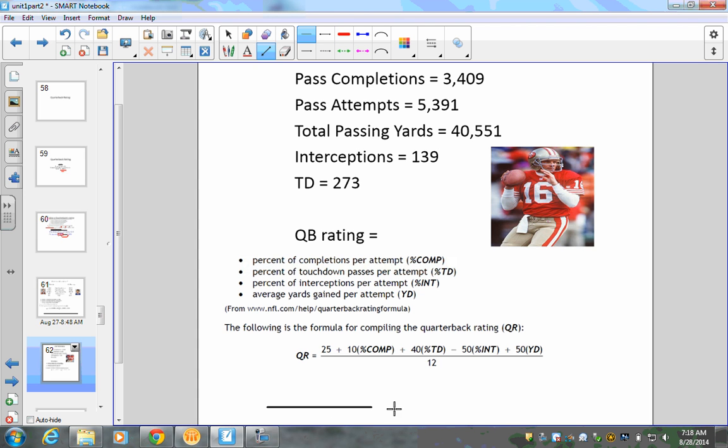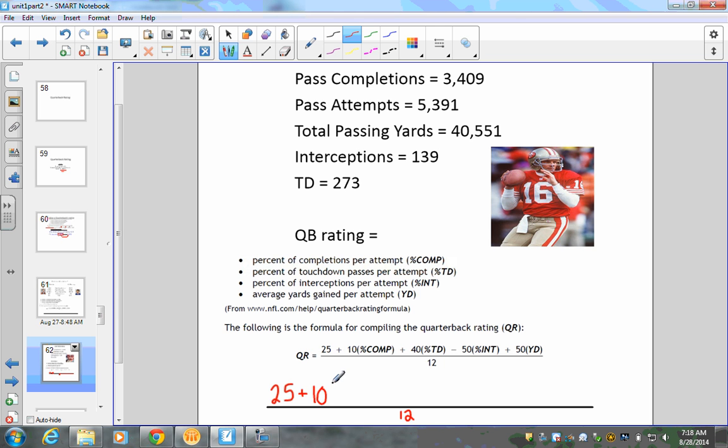There's our little division sign, our fraction. We know we're going to divide everything by 12 because that's what the formula calls for. We're going to start off with 25. That's what is in the formula. 25 is non-negotiable, so to speak, plus 10 times the percentage of completions.